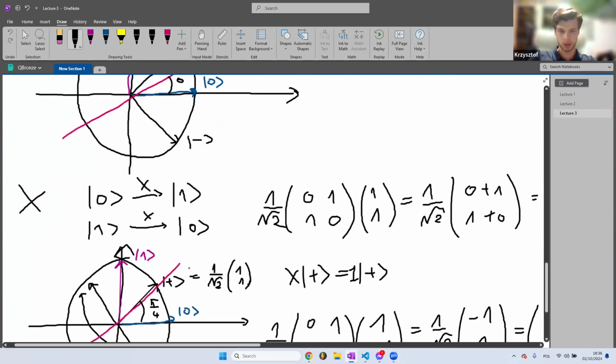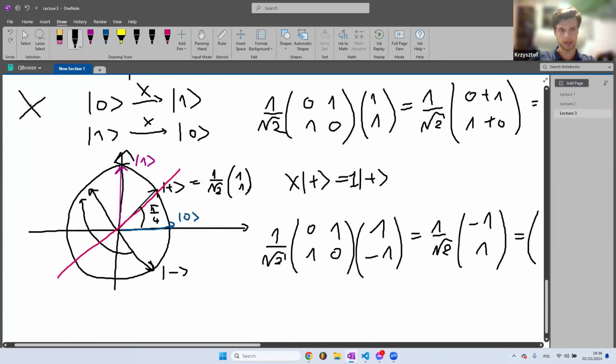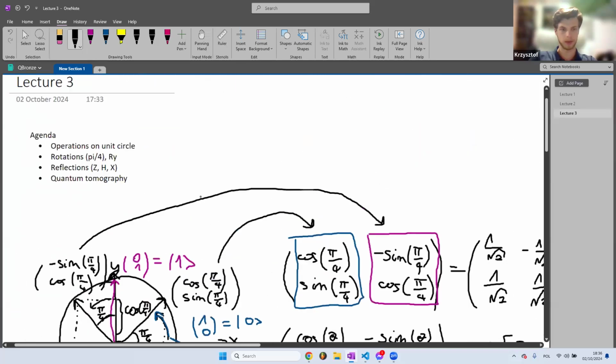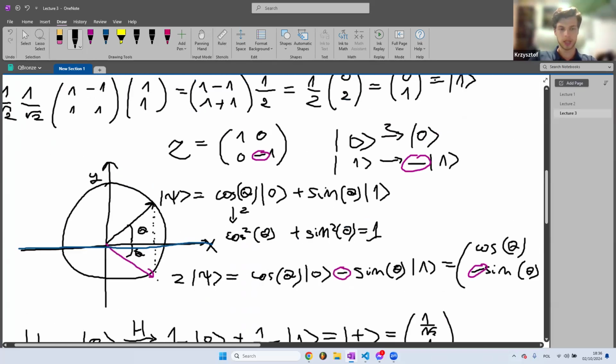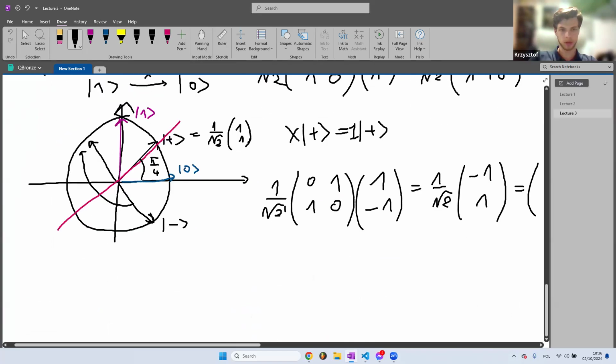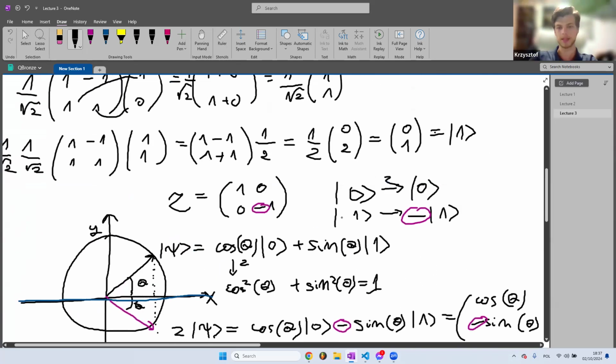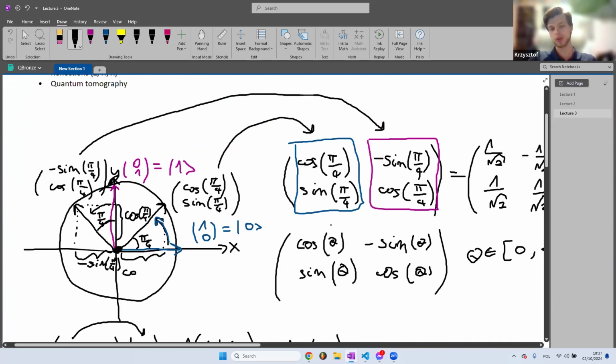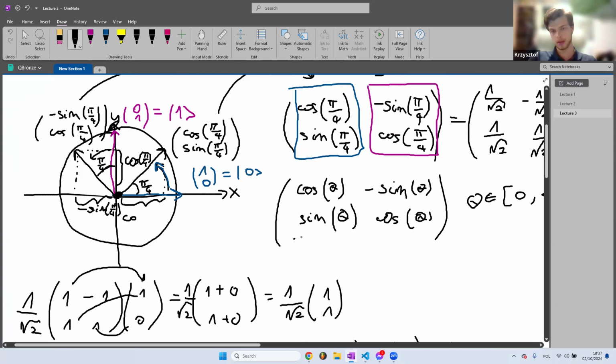Okay, so let me go back to our example, and we said that this is a reflection about the pi over 4 axis. Let's try now to form a general matrix for the reflection.